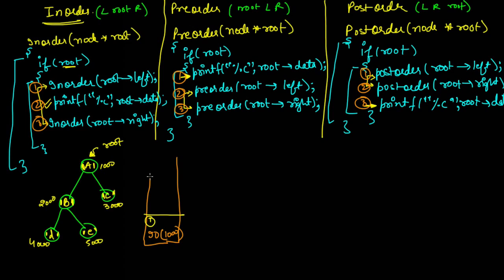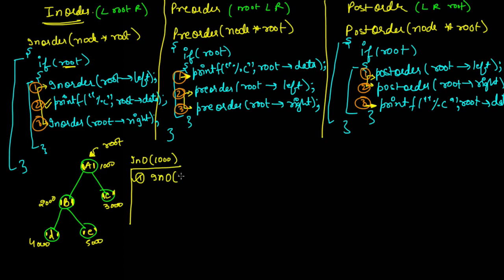There is very little space, so I'll do it with some other method, the recursive calls. I'll do it something like this. Initially I've called inorder 1000. When I called inorder 1000, it is going to execute line number 1, so it is going to call inorder 2000.